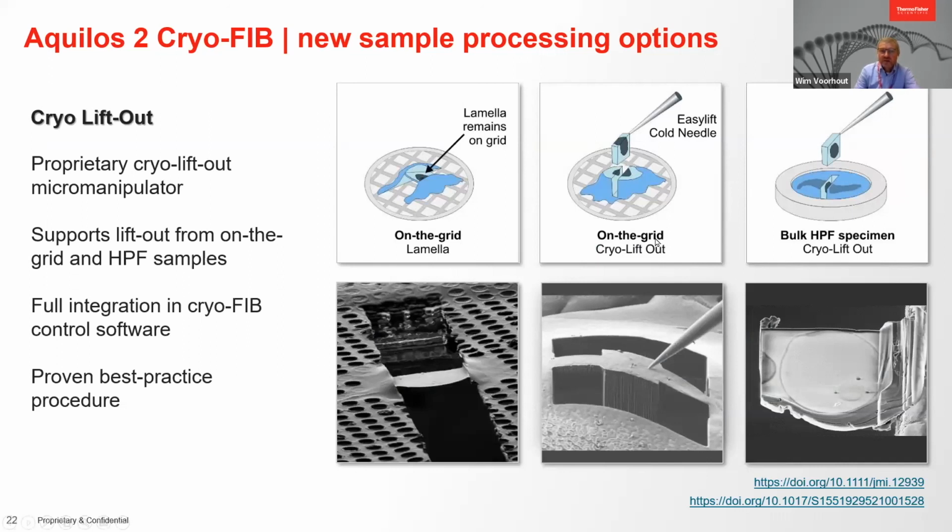This is all due to the integrated software in the system, which allows us to do automation. You can do overnight runs, but it also allows us to correlate the fluorescent images directly with the SEM images and the FIB images for the targeting.